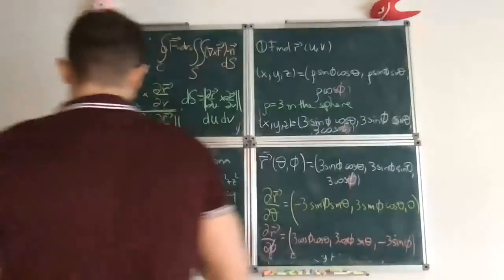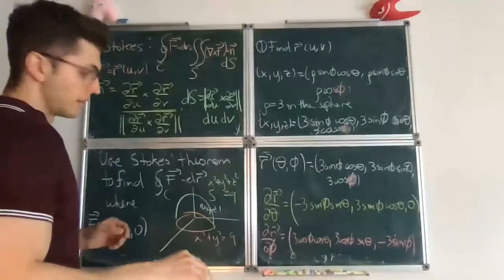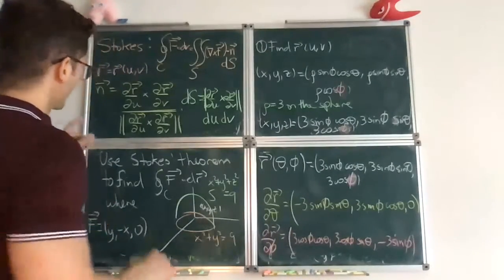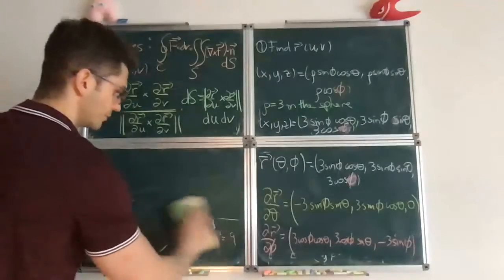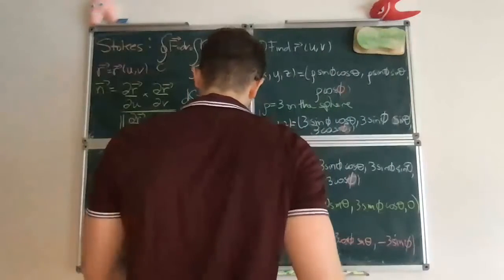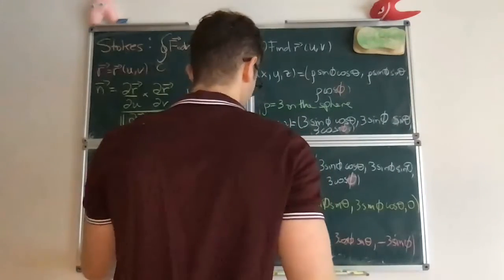And so the normal vector involves the cross product of these two. So let's do the cross product. This is a messy cross product, but we have to do it eventually.